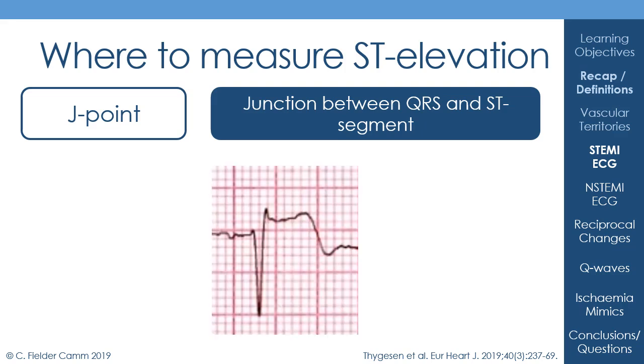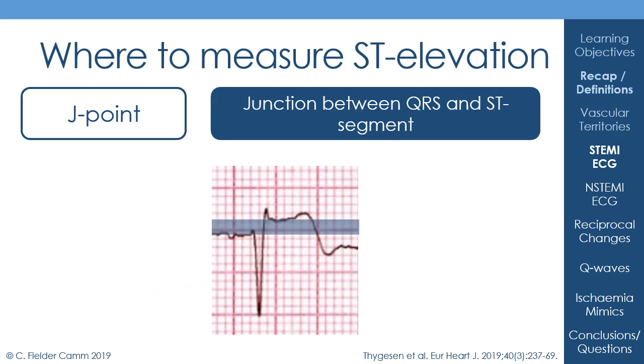And so here we have an ECG, and you can see this is the J point here, just where that QRS complex, that S wave ends, and we move on to the ST segment there. And the guidelines say that the reference point should be the PR interval at the end, just before the QRS complex.